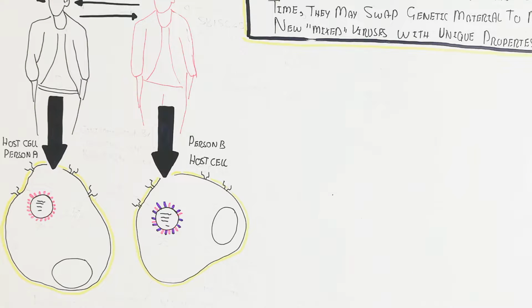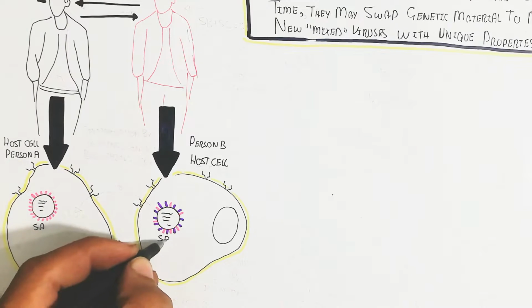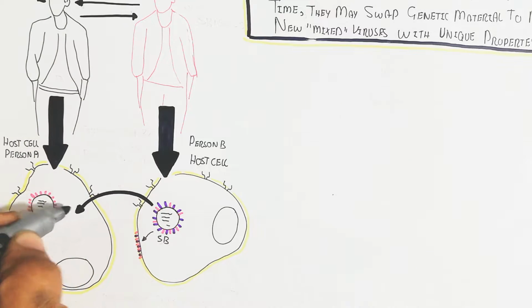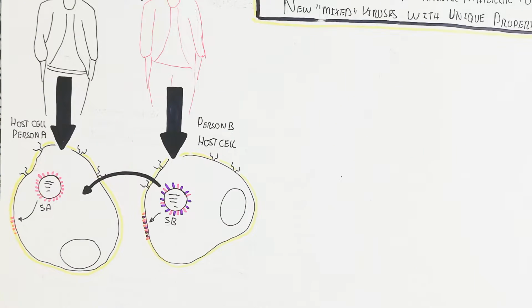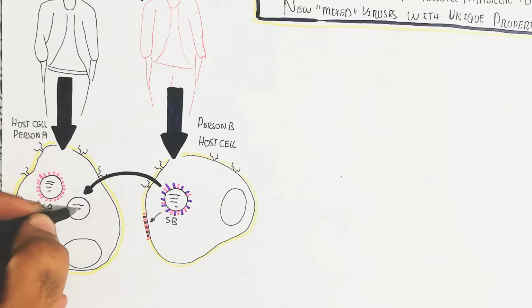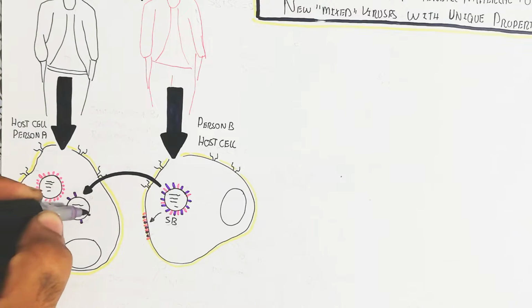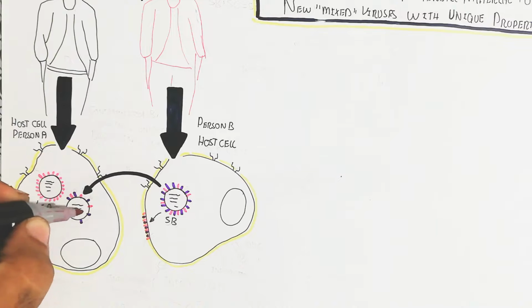These persons contain different cells, and in this way the host cells of person A and B contain strain A and strain B. Basically it will infect the cell, replicate, and produce the spike protein on the surface of the plasma membrane, and bud off to produce more virus and replicate to infect other tissue.